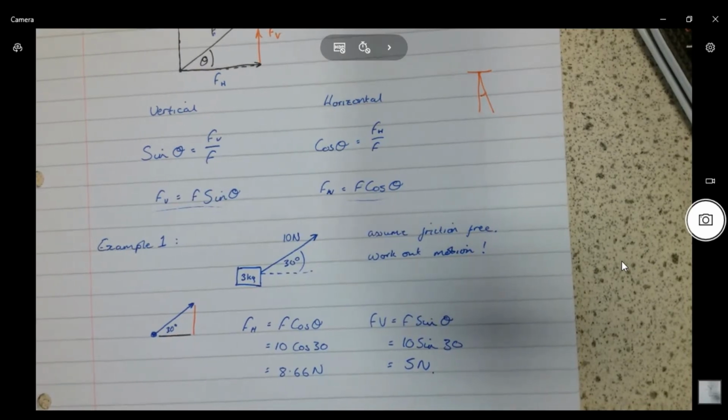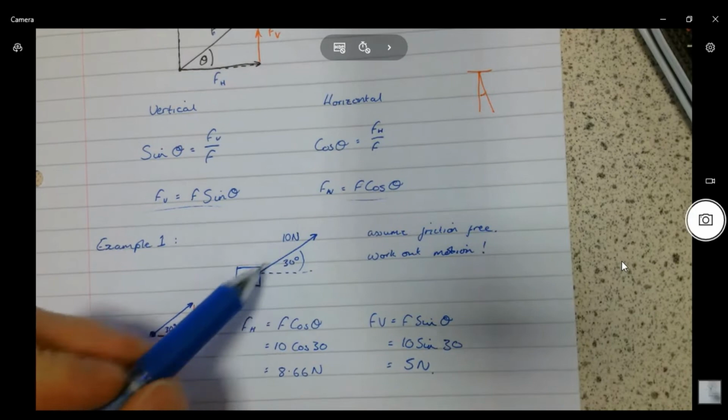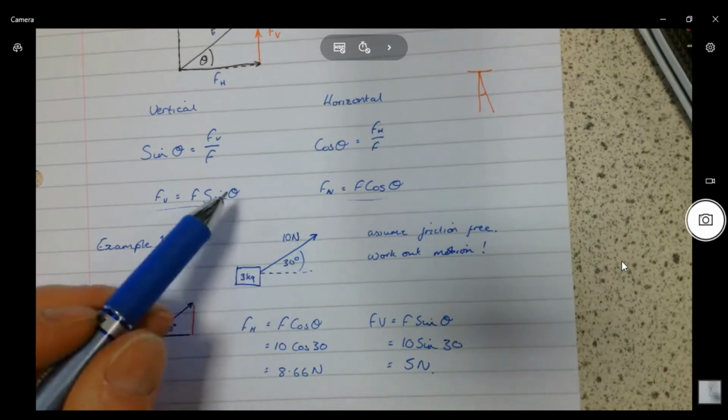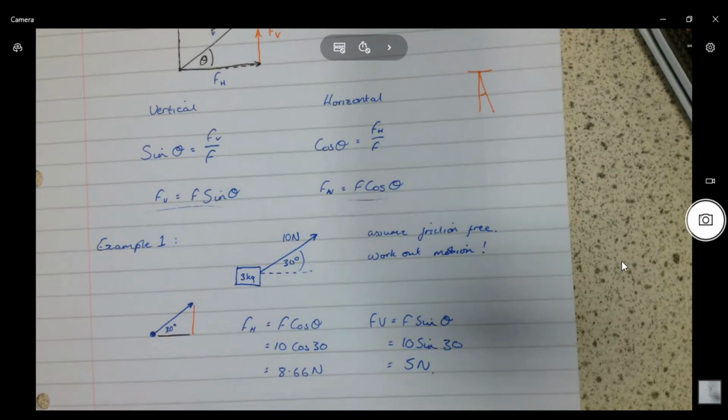Okay, so from this, you're going to work out the motion. Well, question number one, I guess, is pulling this block with a 10 newton force, is it going to lift up off the ground? Why not?